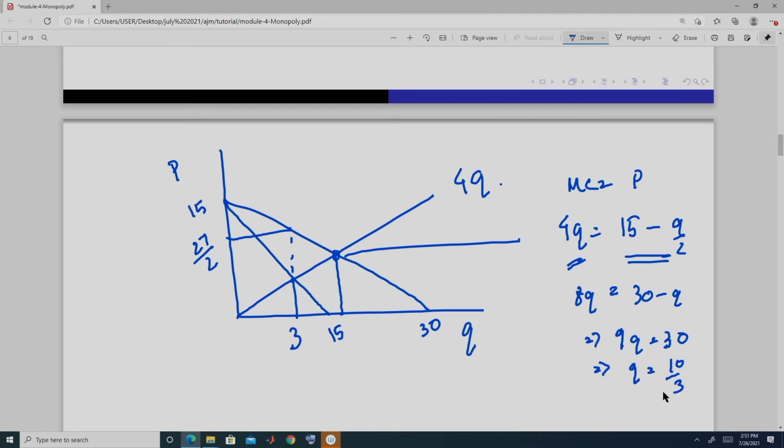So, this point is 10 divided by 3. This diagram will be slightly like this.